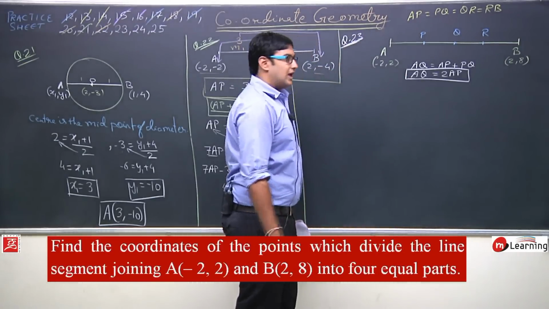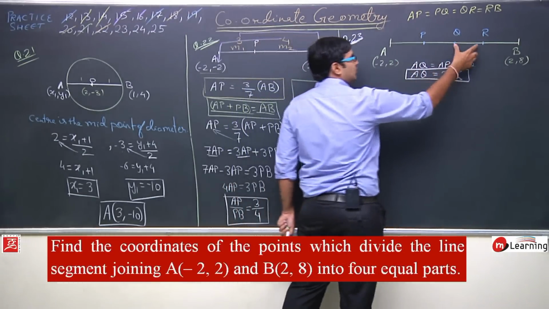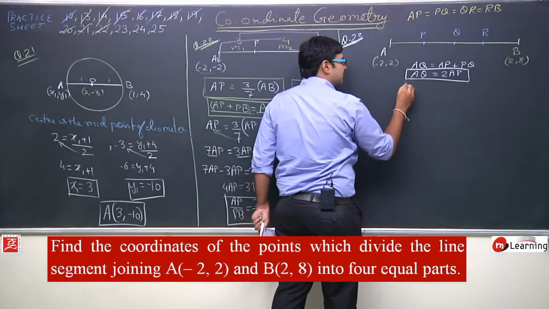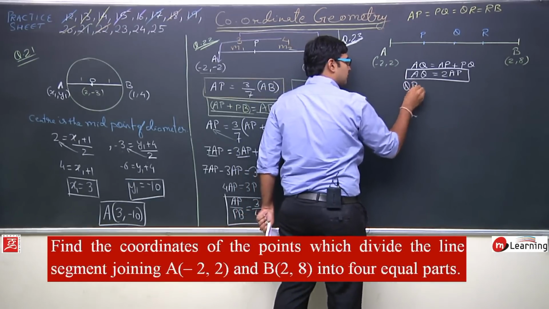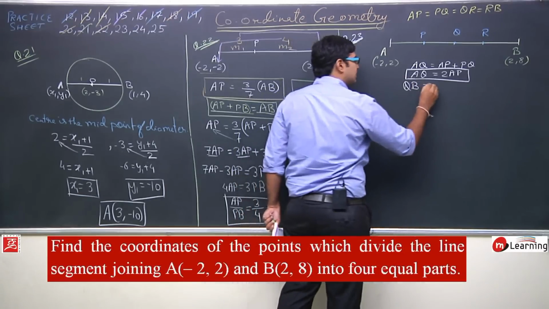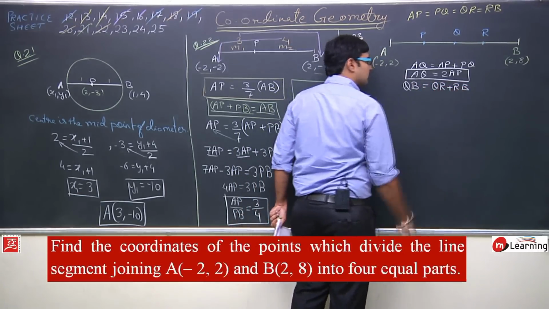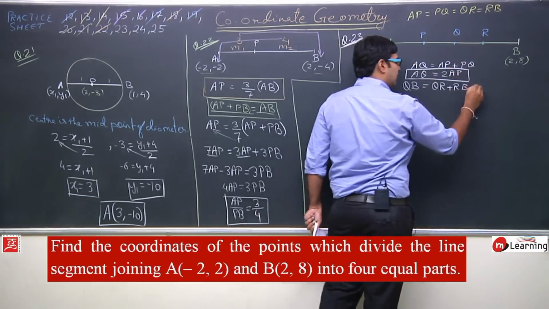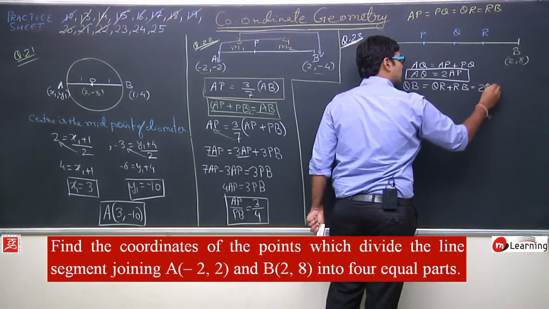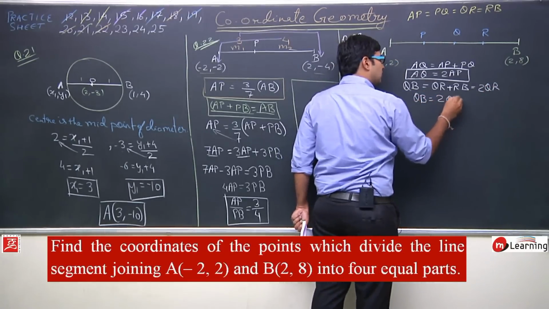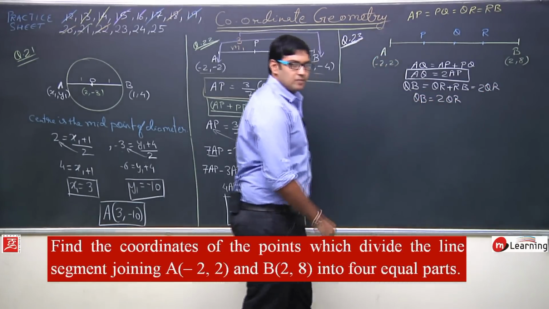Okay, and similarly observe it, QR and RB are equal. So what is the value of QB? QB is equals to QR plus RB, but QR and RB are equal, so I can write it as 2 times of QR. So the value of QB is equals to 2 times of QR.